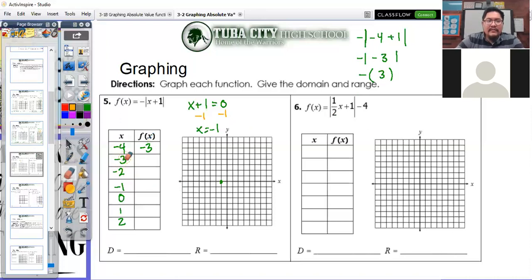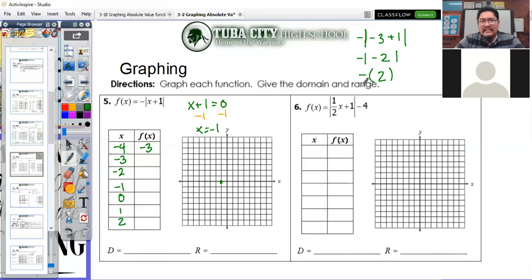All right, but let's go ahead and keep going. So in this case here, I'm going to go with -3. So -3 plus 1 would be -2. Use the absolute value for -2 so that it's going to become +2, but you still have this negative. That one's not affected, right?